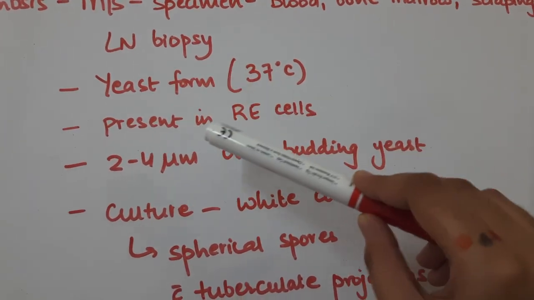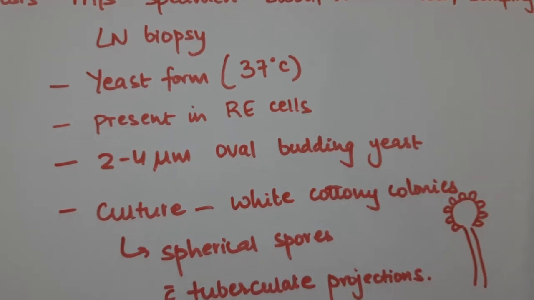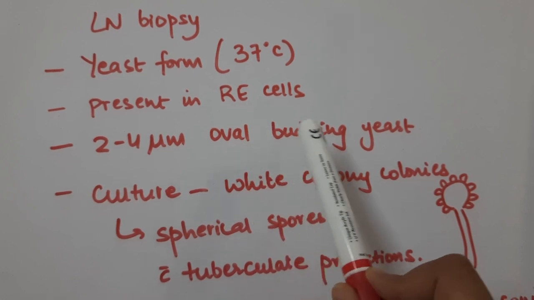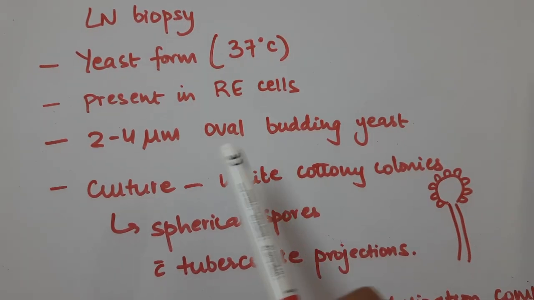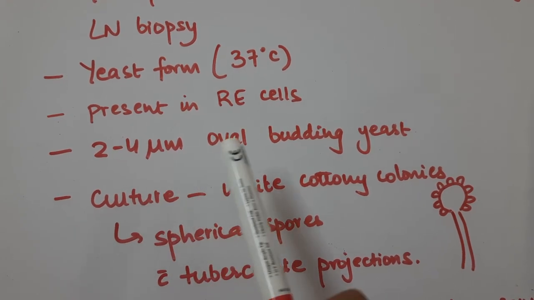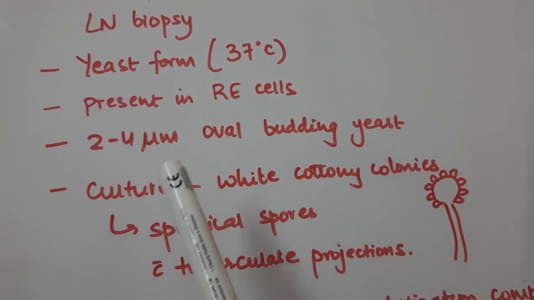And the yeast form will be present in reticuloendothelial cells as 2 to 4 micrometer oval shaped budding yeast cells. So this is how they appear in the yeast form: 2 to 4 micrometer oval budding yeasts.